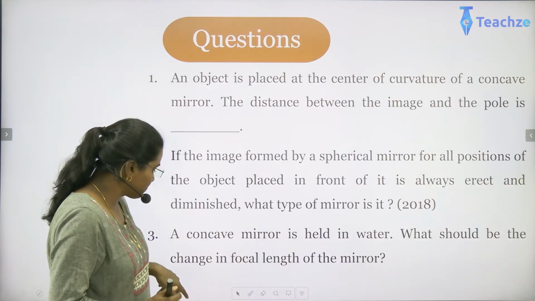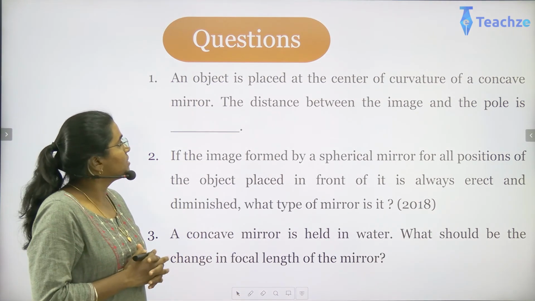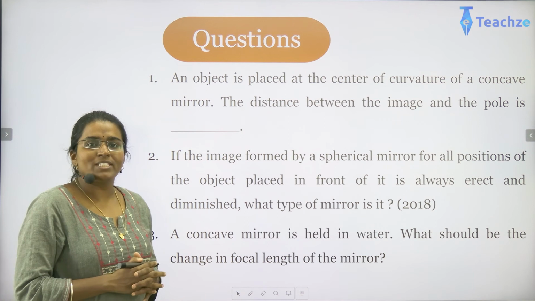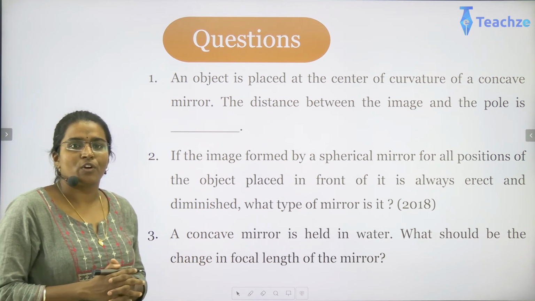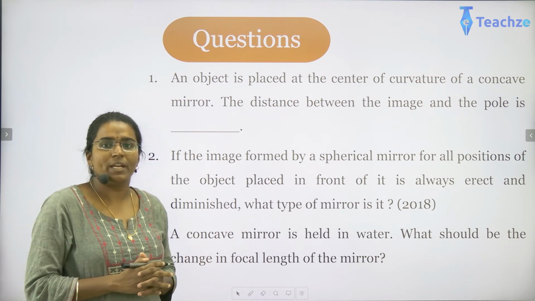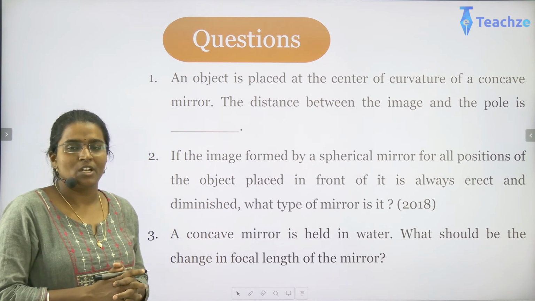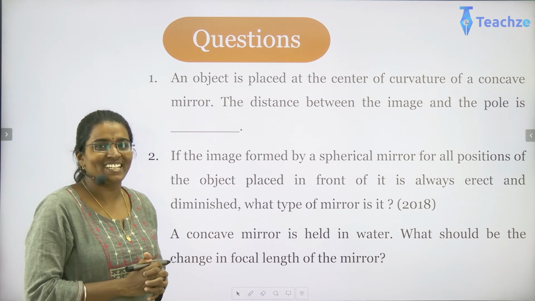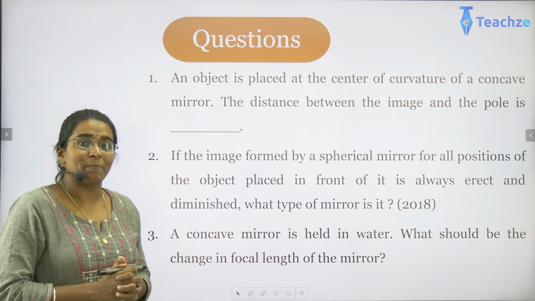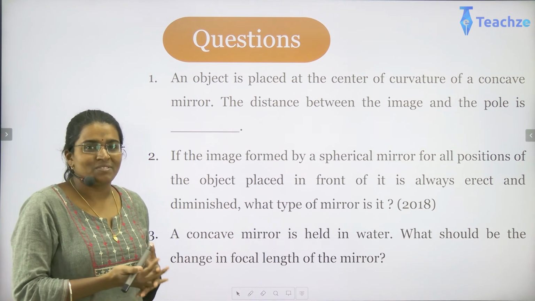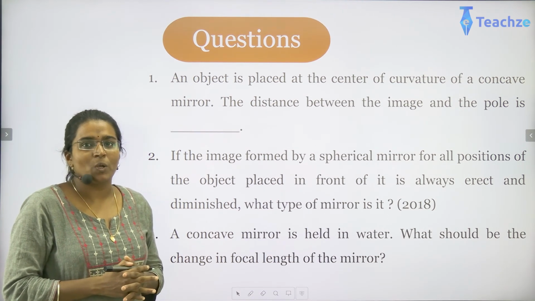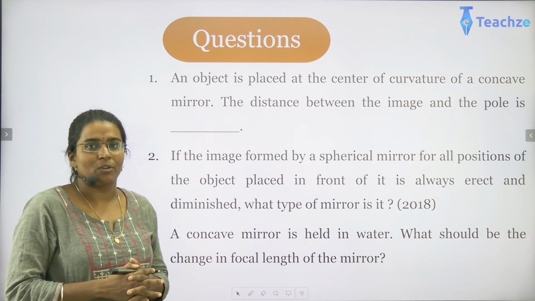Yeah, some of the questions here. An object is placed at the center of curvature of a concave mirror. The distance between the image and the pole is. So this is again a question from the previous session as well. So what will be the distance between image and the pole?